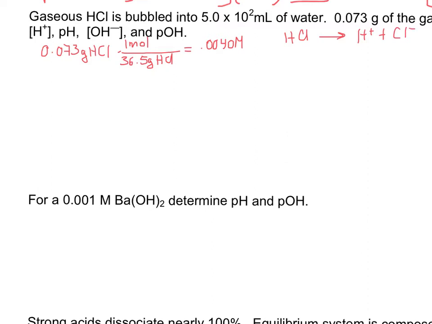So we know that if we have 0.0040, moles, not molar, I should say moles, of the HCl, then we have 0.0040 moles of the H plus and of the Cl minus, but what we care about is the H plus here.